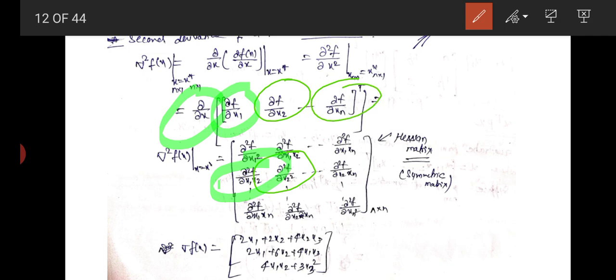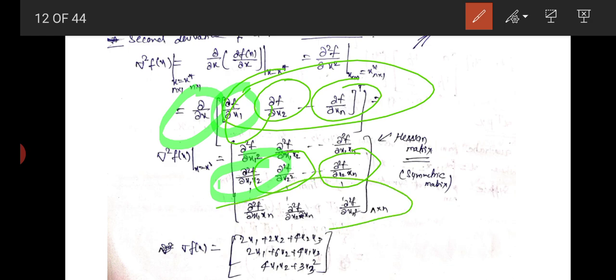When you differentiate with respect to xn, it becomes ∂²f/∂x2∂xn. Lastly, differentiating with respect to xn gives the last column of the square matrix. This matrix is called the Hessian matrix, and the Hessian matrix is generally a symmetric matrix.